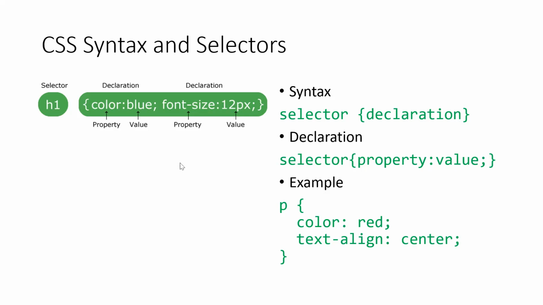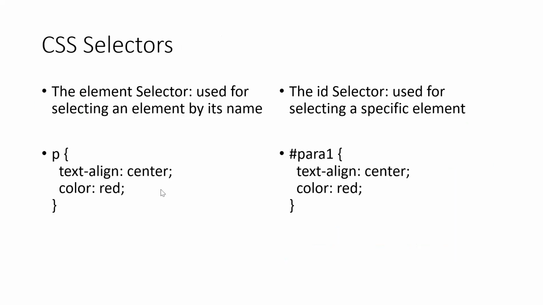Declarations means you can change different properties for the selector you choose. For example, in here, we are going to change the color to blue and font size to 12 pixels, right? So in this form, by using properties and values, we can change how it actually looks, right?